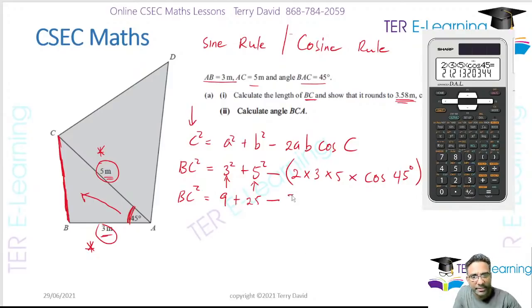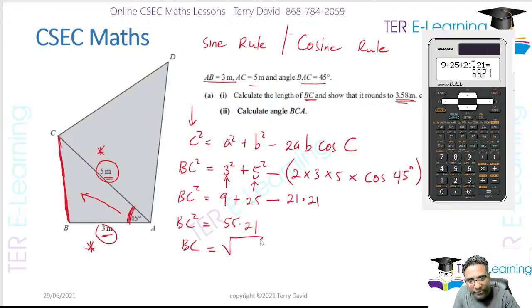So therefore, BC squared is equal to, again using my calculator, 9 plus 25 plus 21.21, and I'm going to get 55.21. So therefore, BC is equal to the square root of 55.21.